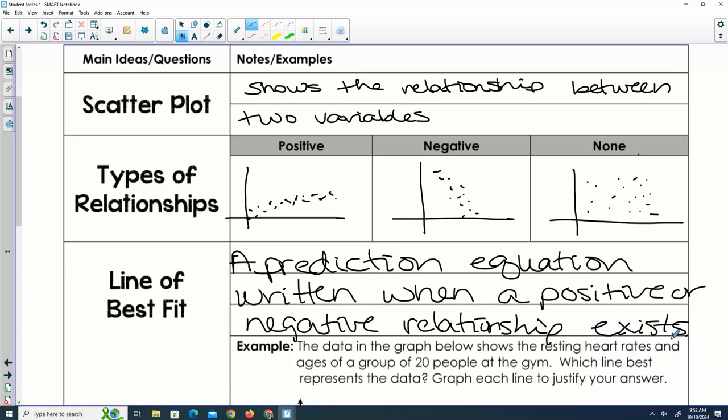We can't do it all the time. Only if we have that positive or negative relationship. We're trying to write a line to model it, so it has to look like a line before we can do that.